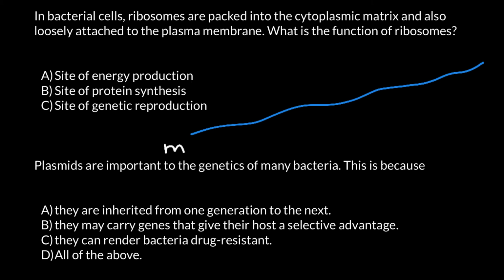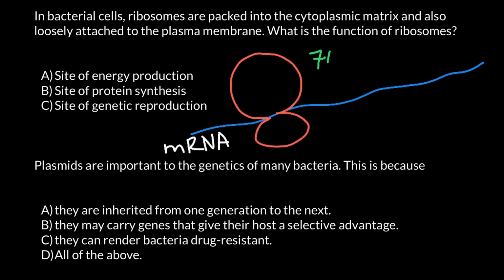So imagine that this is messenger RNA. Ribosomes consist of two subunits: a small ribosomal subunit and a large ribosomal subunit. In prokaryotes we know this ribosome as the 70S ribosome, and in eukaryotes as the 80S ribosome.